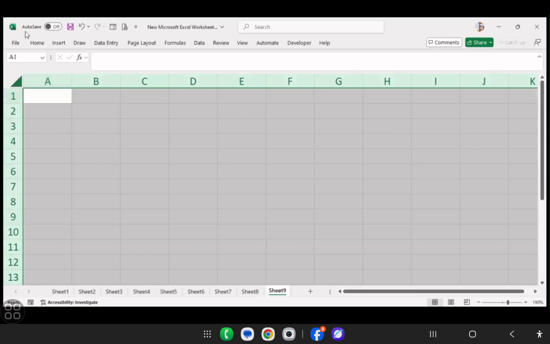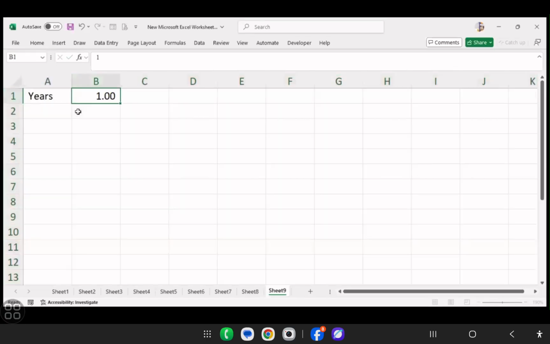This will help us to move very fast. I will say years 1, revenue.